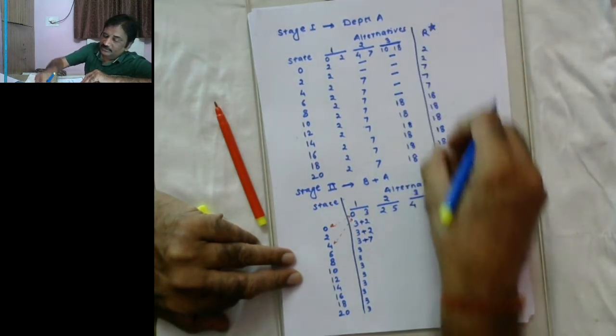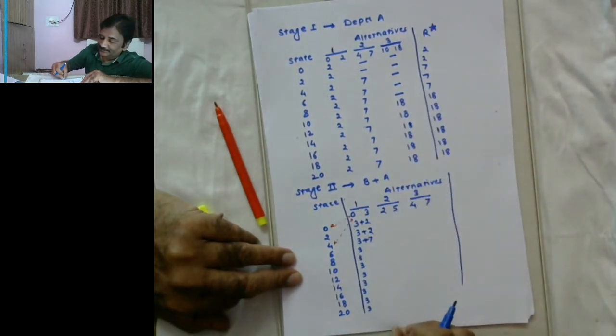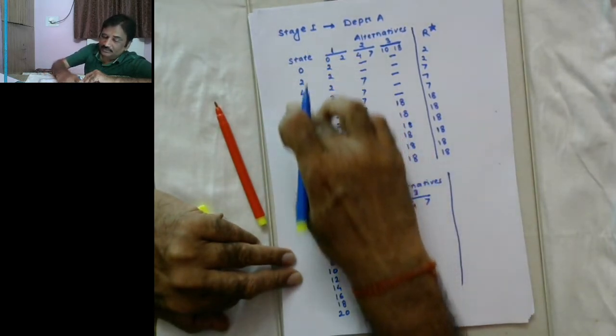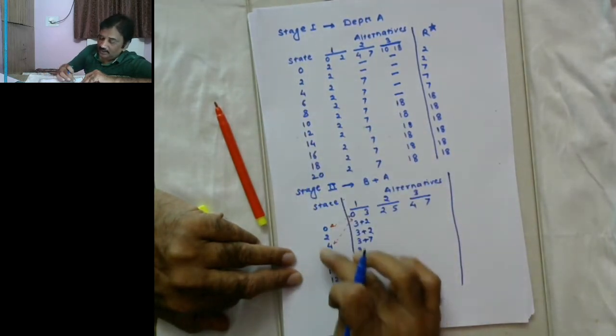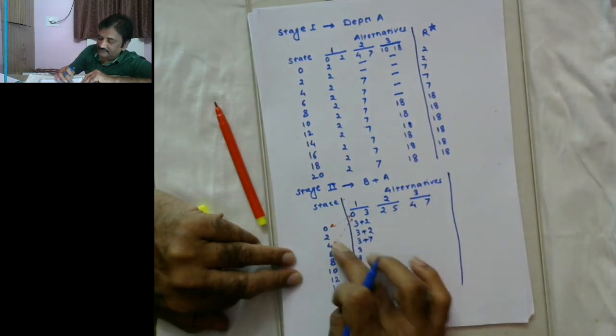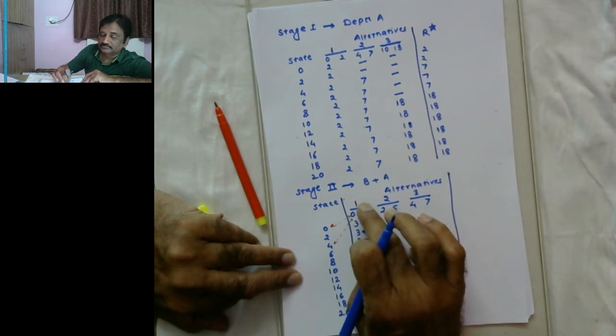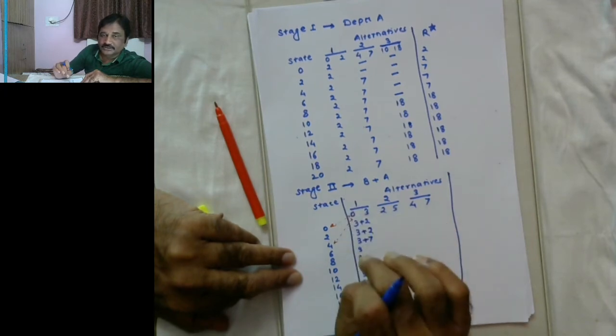So you simply have to copy this column here, because this column is the return for these state values that are left after consuming my first alternative.